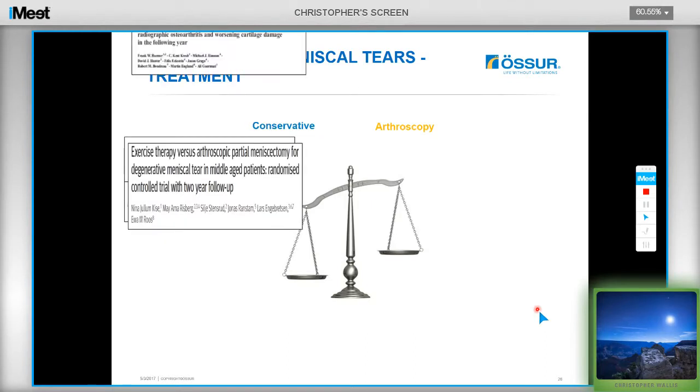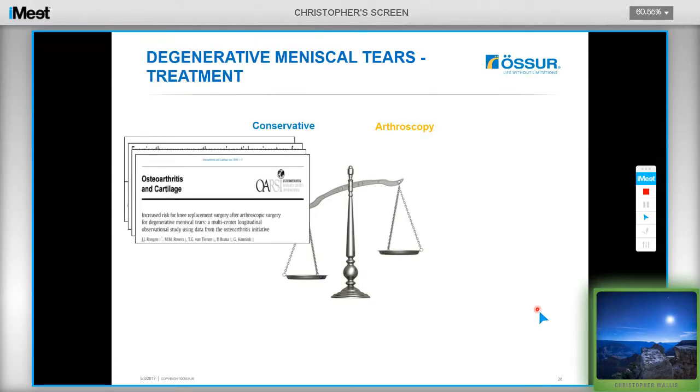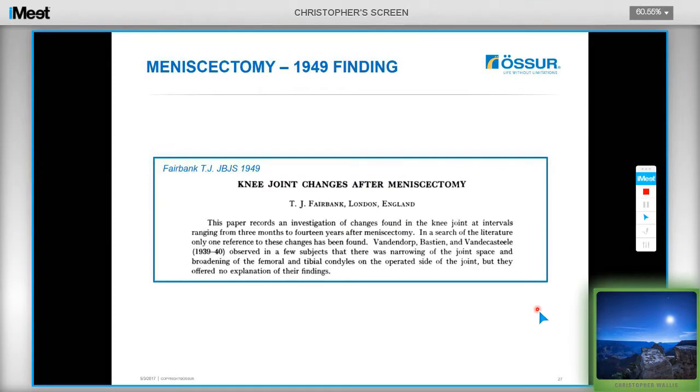And again, from a bracing perspective, this is something where we again have the ability to have an effect. So some of these articles here, which I'll expand on, just support this evidence base of shifting away from meniscectomies where possible and towards conservative management. Even as early as 1949, it was established that patients that underwent meniscectomy had narrowing of the joint space and broadening of the femoral and tibial condyles on that affected side.